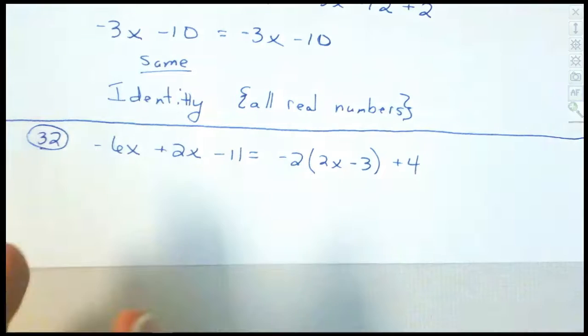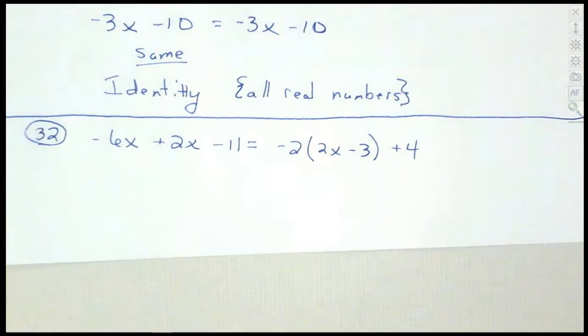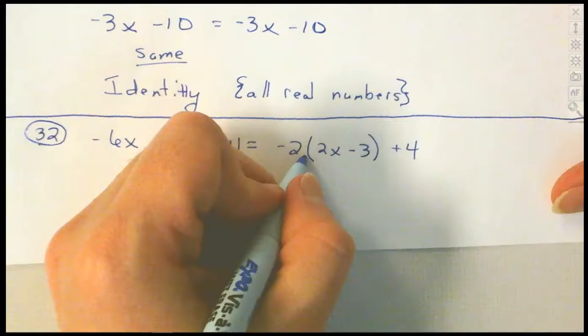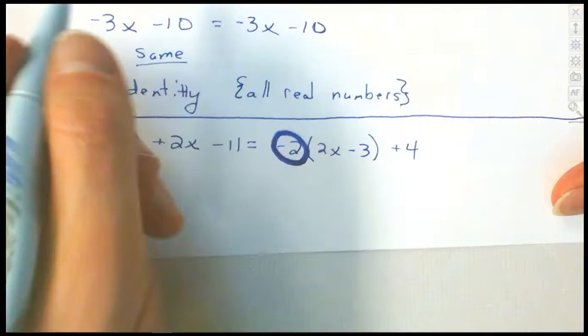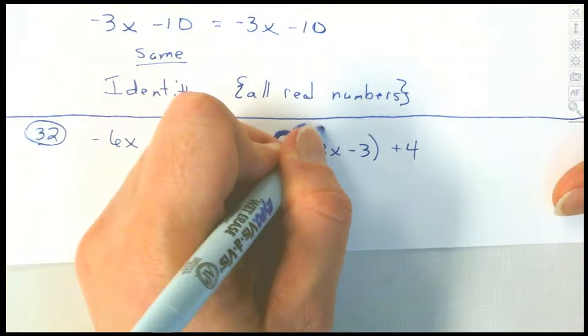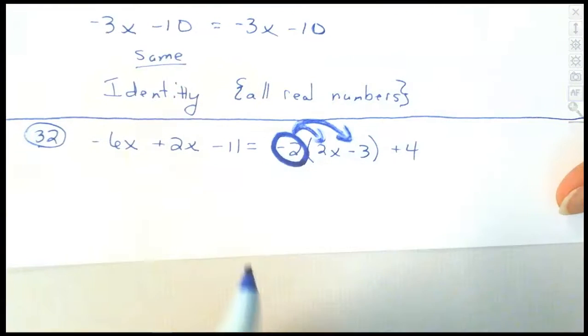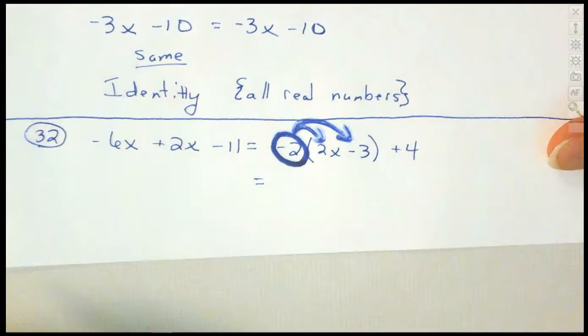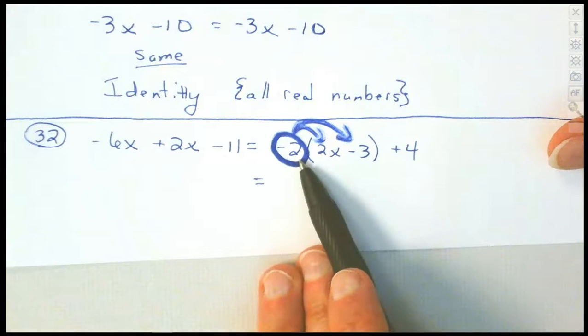Okay, so what are we going to do? Well, parentheses go first. So let's distribute this negative through. Again, if I've got a negative 2 in front, it's negative, so I like to circle it. That reminds me that the negative goes through. That's a commonly made mistake, and students will forget to do that. So let's go ahead and distribute that through.